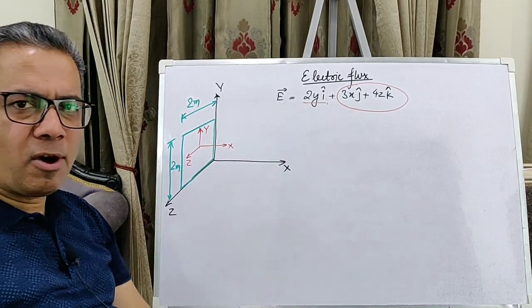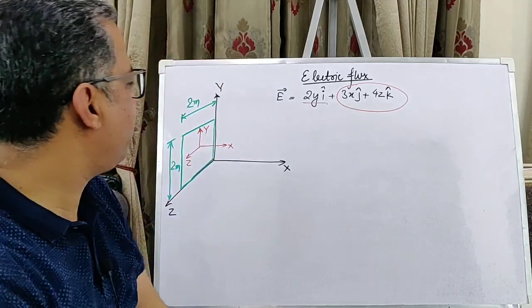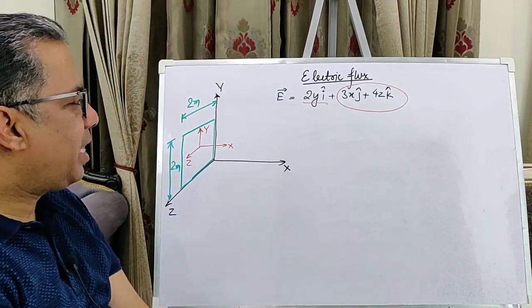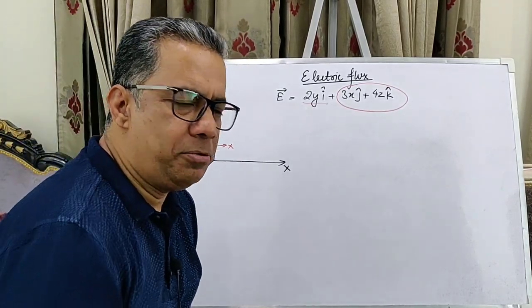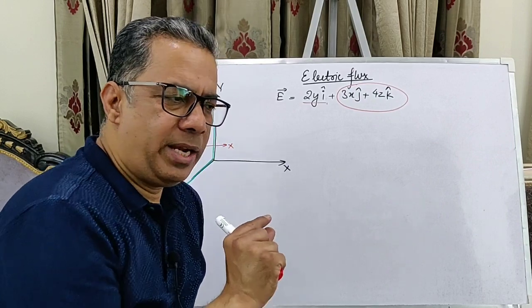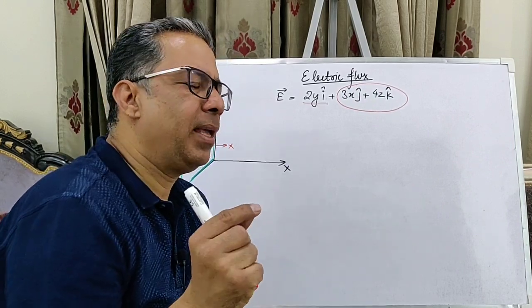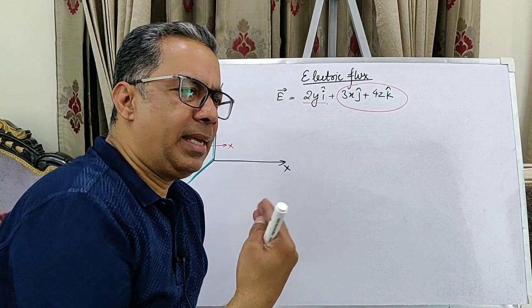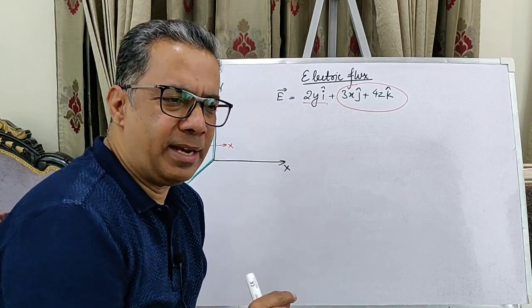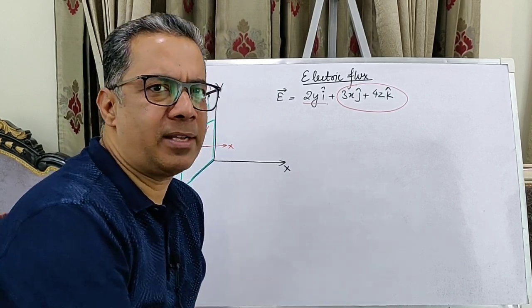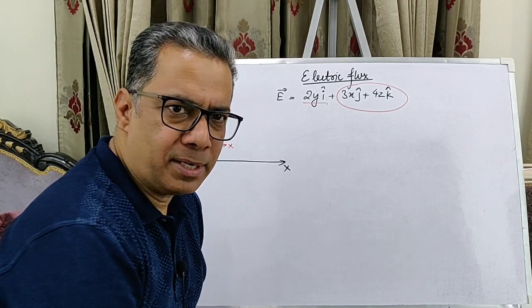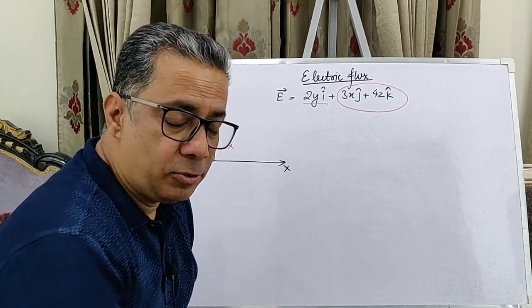That same process cannot be applied here. We need to use integration. We need to take small area elements, calculate flux through those small area elements, and then sum the flux through all the area elements. This is what needs to be done.